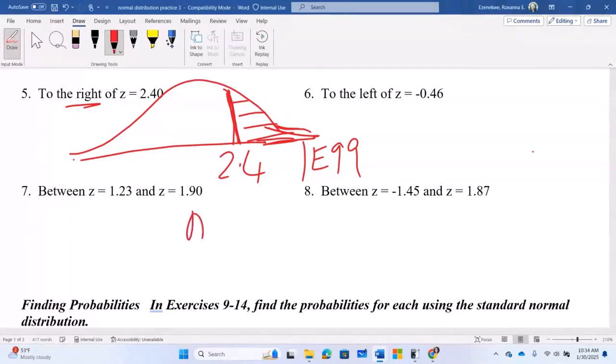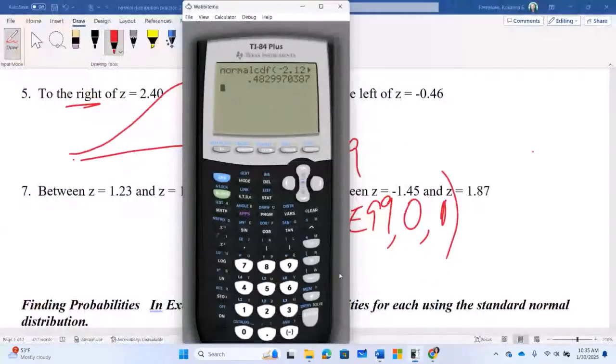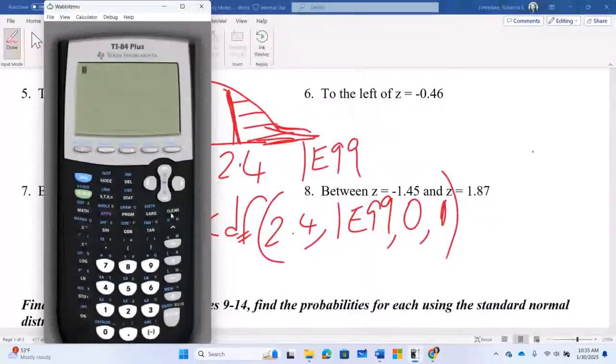And how do I answer this question? I will do normal cumulative density function. Lower bound is 2.4. Upper bound is positive infinity, 1 e to the power 99. The mean is 0. The standard deviation is 1. Okay, so now I'm going to calculate the area from 2.4 to positive infinity.